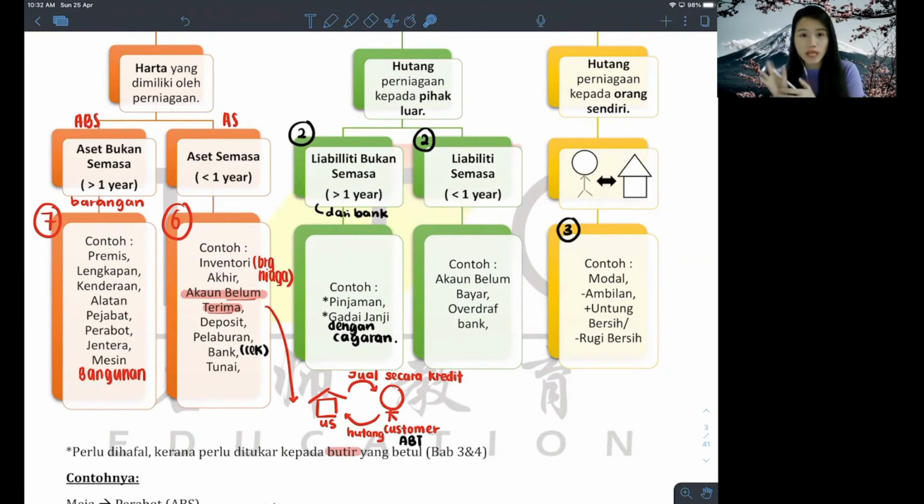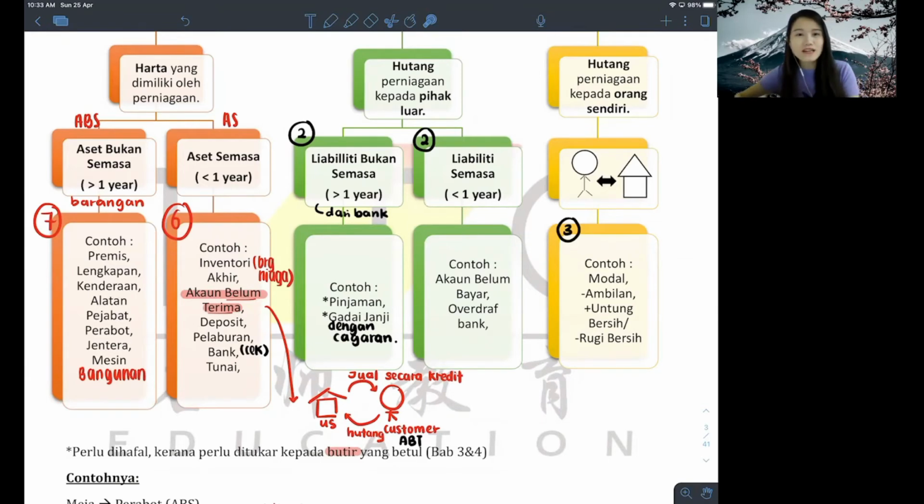But it's not just showing, okay? After you show, they will take it away from you in exchange for the amount you borrow. So the moment you start borrowing, this is going to be your commitment already. You will have to pay them back regularly in order to not let them lelong your house away. I think you guys have heard the word lelong before, right? Okay, so that's how it works.